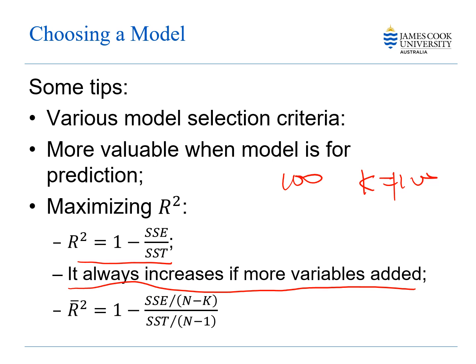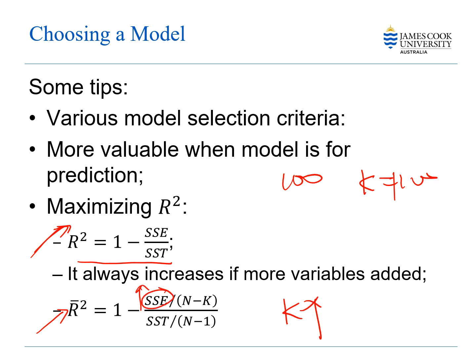So sometimes, rather than computing R squared, people compute R bar squared, the adjusted R squared. The adjustment is that SSE is divided by its degrees of freedom, n minus k, and similarly for the SST. Observe that if you increase k, on the one hand SSE decreases, so R squared will increase.